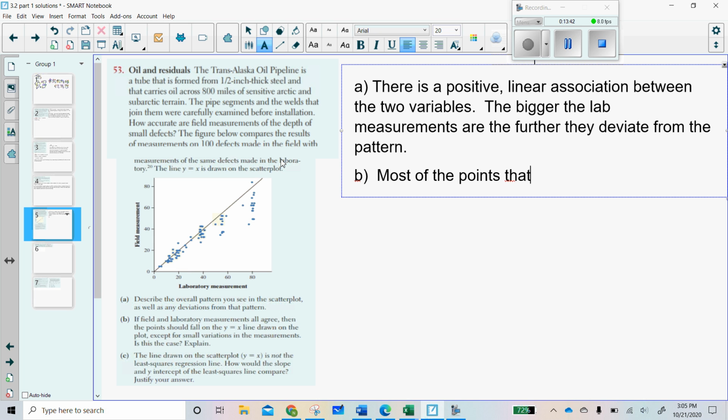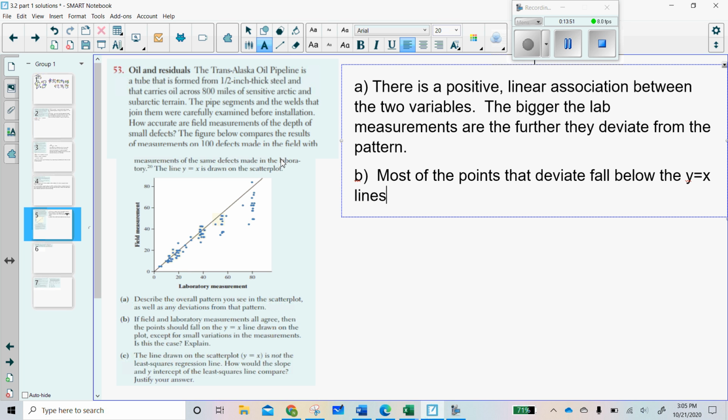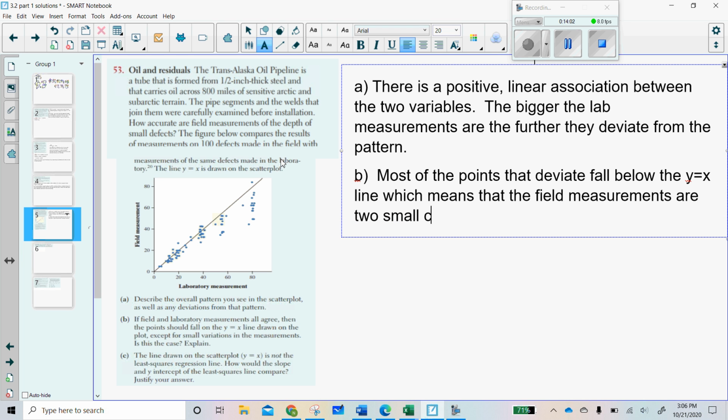So most of the points that deviate fall below the y equals x line, which means that the field measurements are too small compared to the lab measurements. The lab measurements are getting bigger. These are getting bigger too, but they're not getting bigger enough. They should be up here.